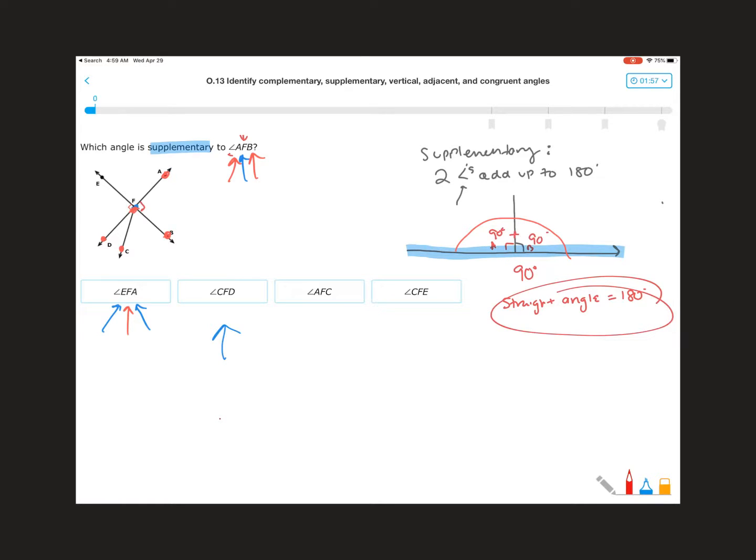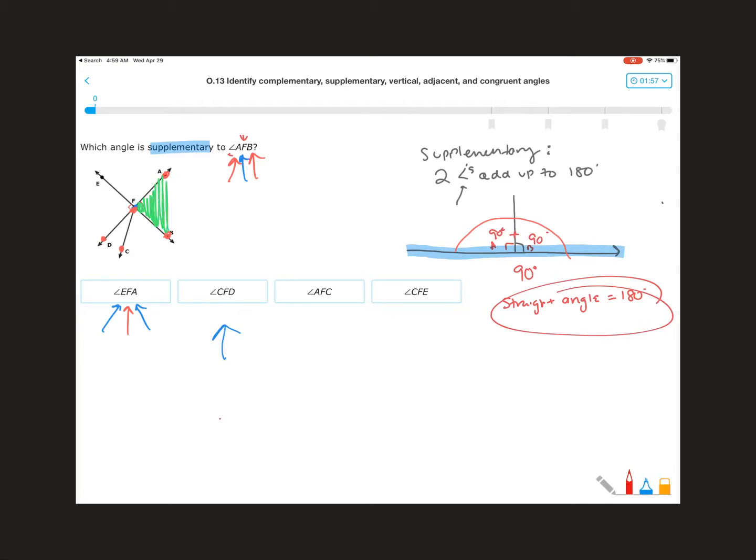So they gave us angle AFB, and if we add the angle CFD, that doesn't add up to 180. They're not next to each other. Here, if I take, oh look, I guess I'm pausing the video.